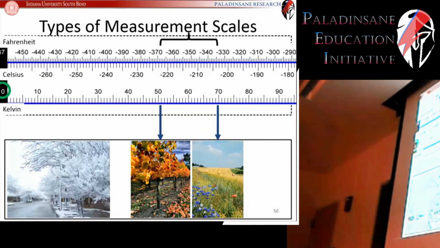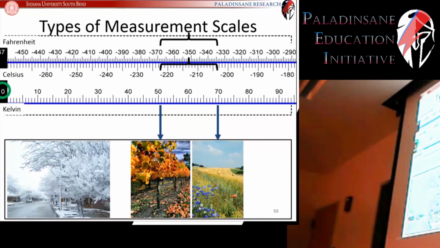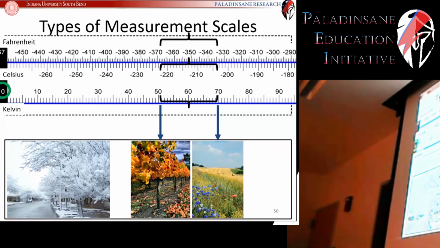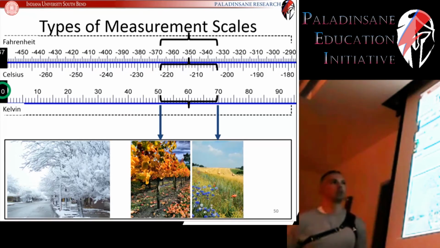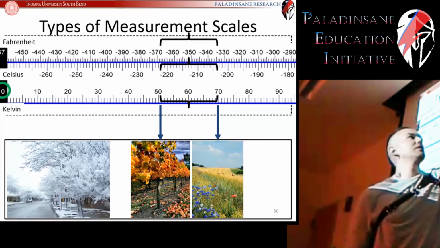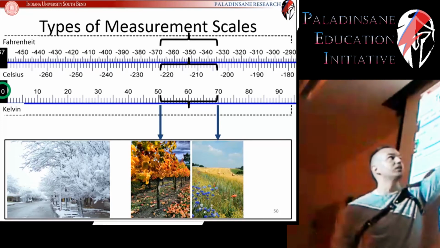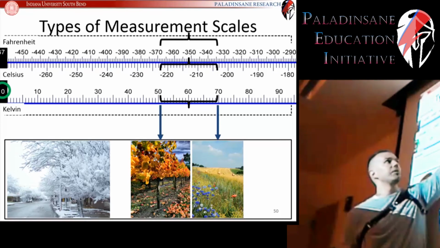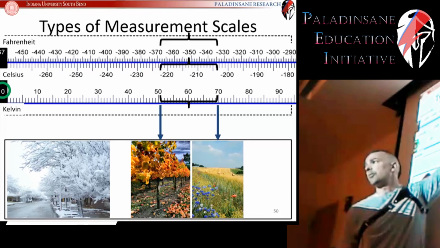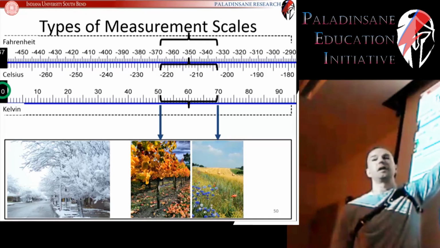And when you are working with scales such as Fahrenheit and Celsius, which are interval scales, it makes no sense to do ratios. But when you're working with the Kelvin scale, now you can do ratios. So now you can say that 70 degrees Kelvin is actually 40% hotter than 50 degrees.